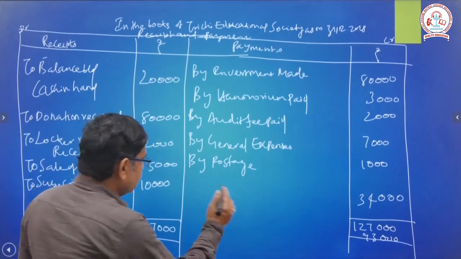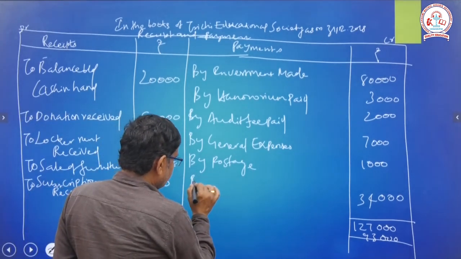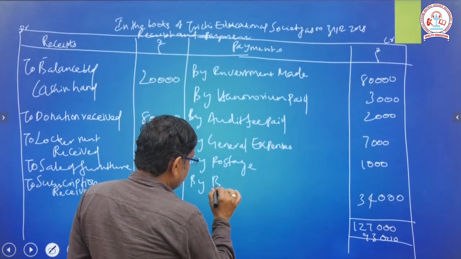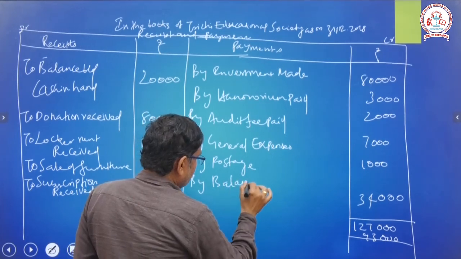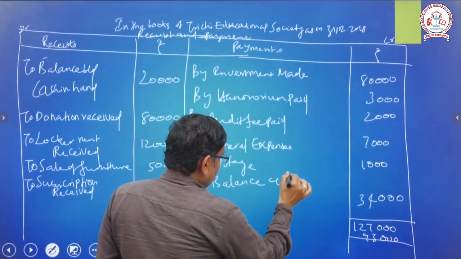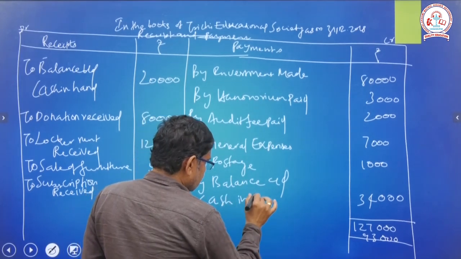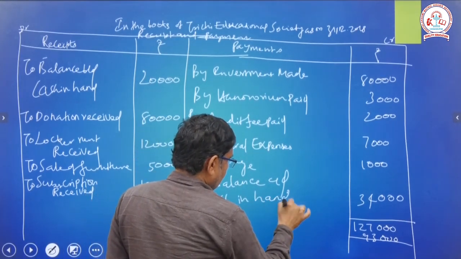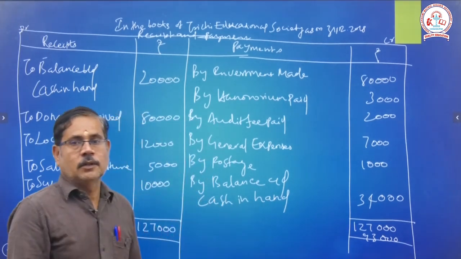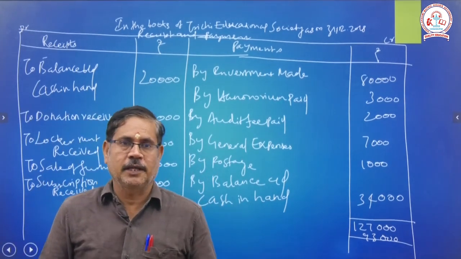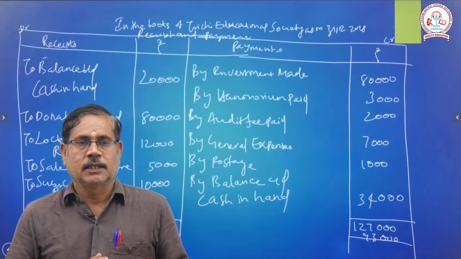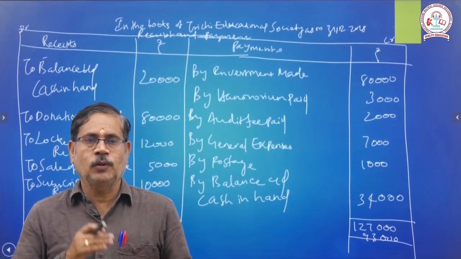Now, the answer is 34,000 and write it here, by balance c/d, cash in hand.